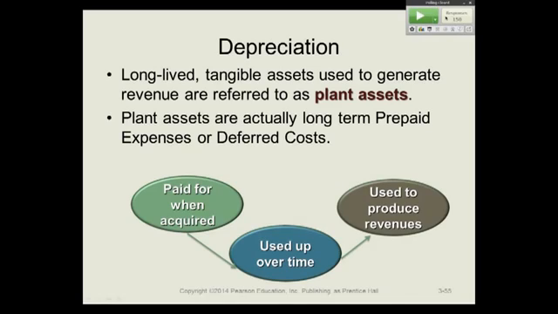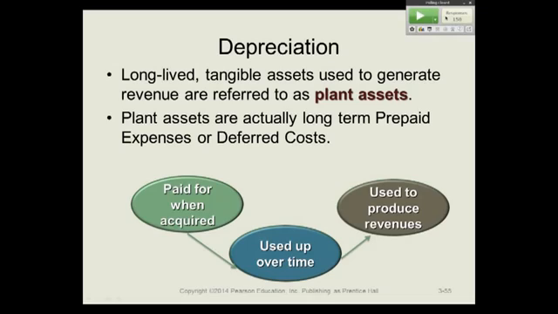In the plant asset, we have to essentially depreciate it. That's the term we use for the expense. So if you look at the diagram, it tells you that the asset is, of course, created when it's paid. So when you pay for the asset, you set it up as a plant asset, so maybe you debit equipment and credit cash. It's used up over time, and we're trying to measure expense to match with revenues.